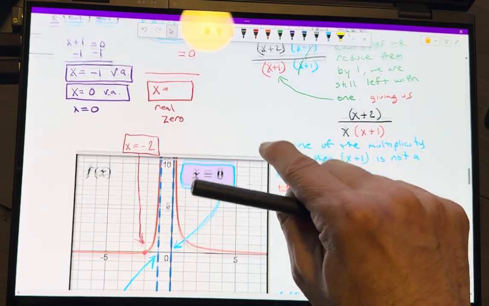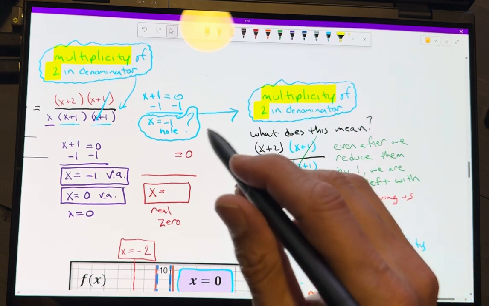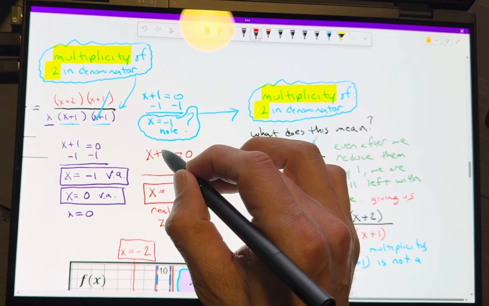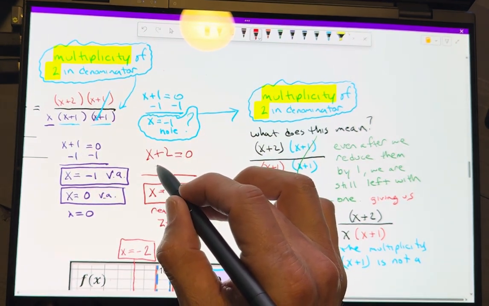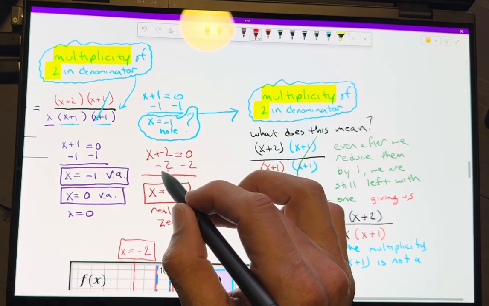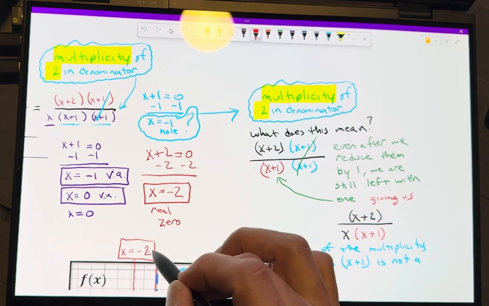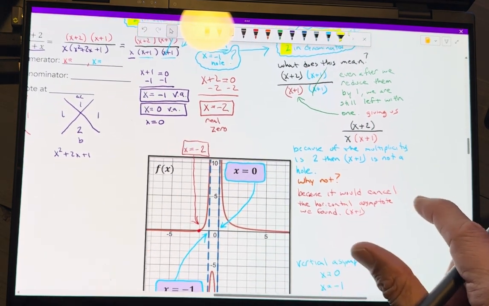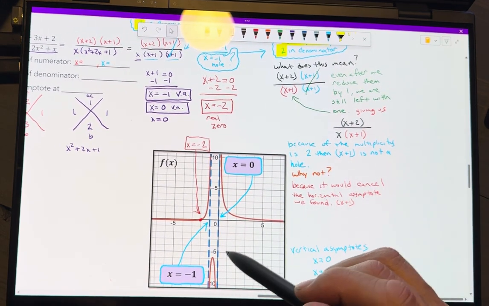So let's take a look. I forgot to solve for this x plus 2. So minus 2 here, x is equal to -2. That's a real 0. So let's take a look what this all looks like. You can see how it didn't cancel it out either.